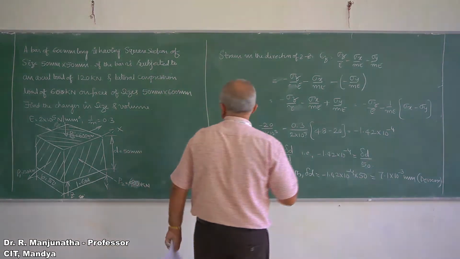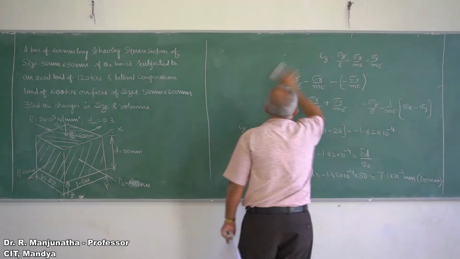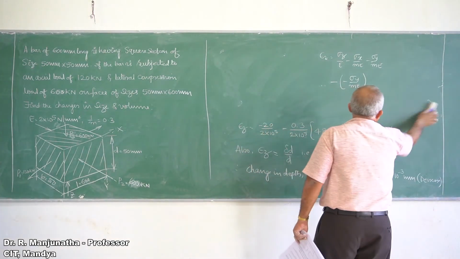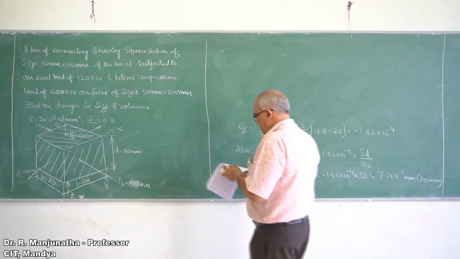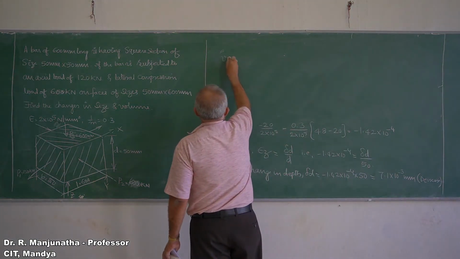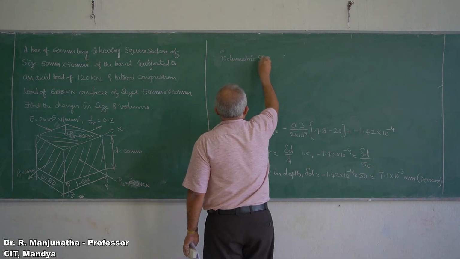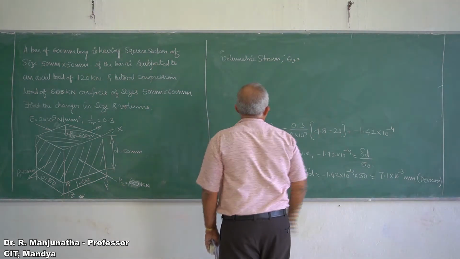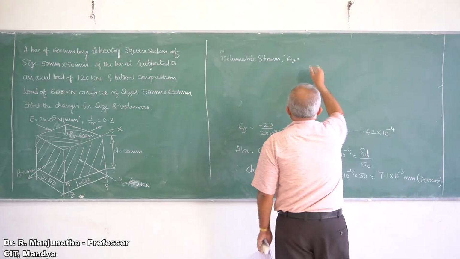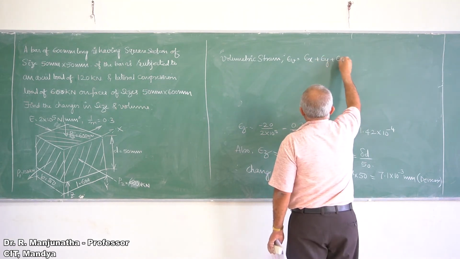Now we will find out the volumetric strain, the change in size. What is going to be the volumetric strain? The volumetric strain, epsilon v, will be equal to epsilon x plus epsilon y plus epsilon z.